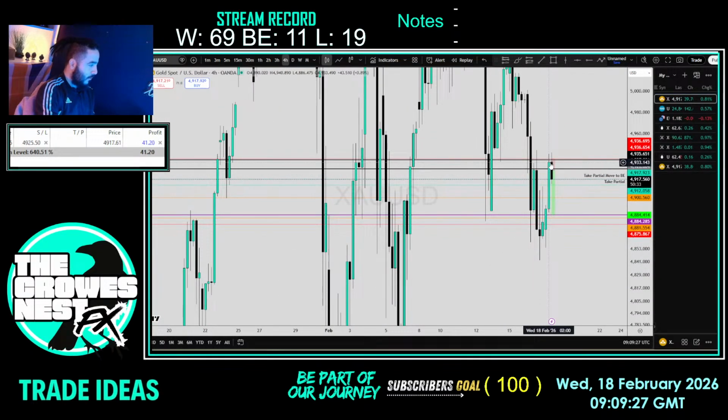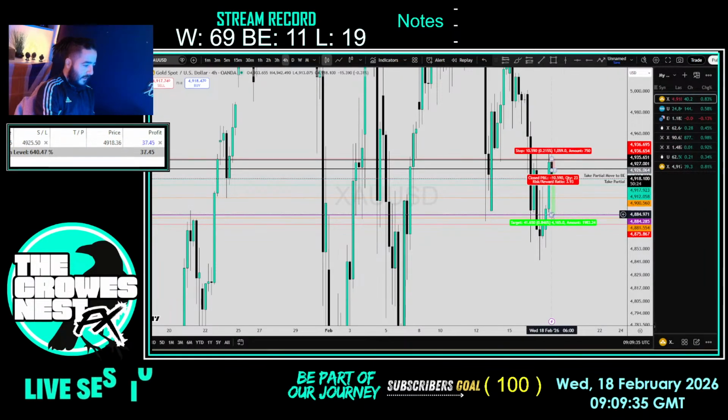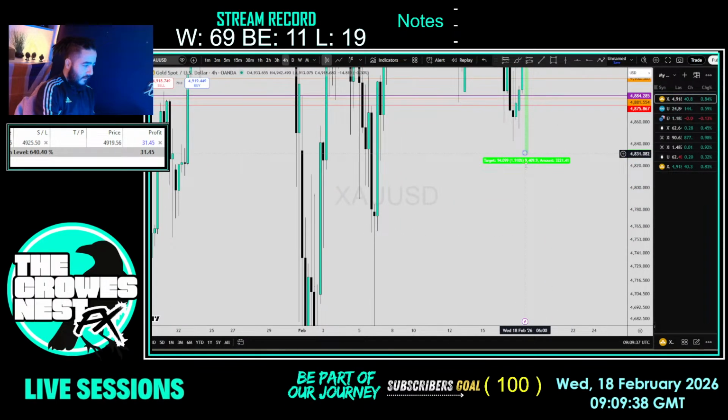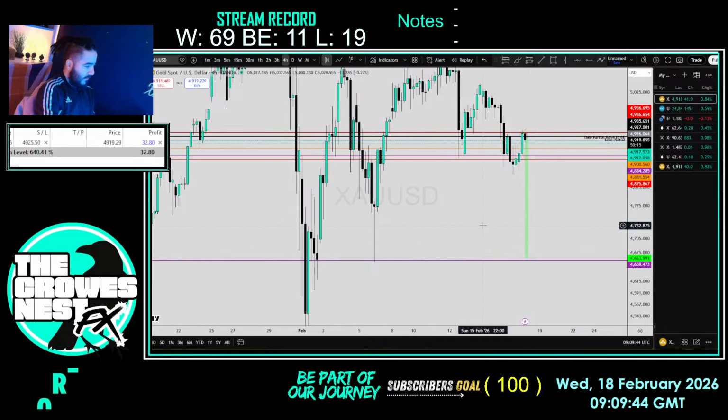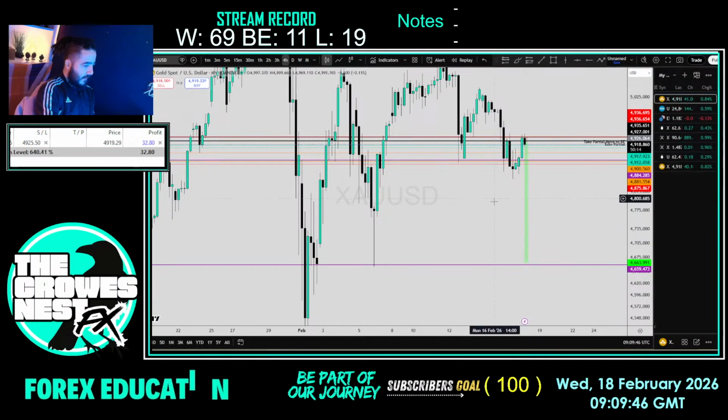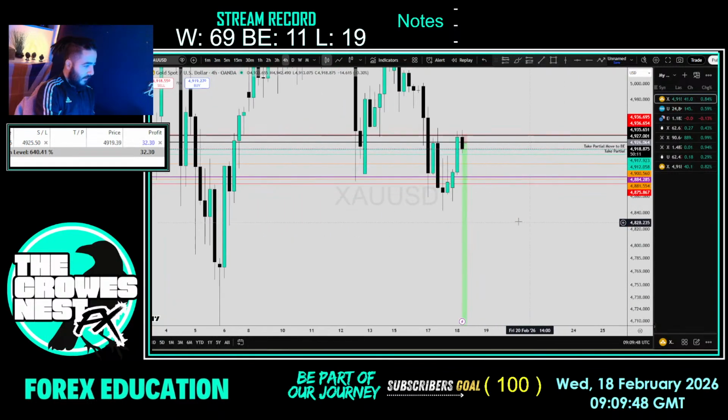Yeah, so the 4 had broke out to the upside. So if we can get a fake out back into this area, then yeah, I'd be looking at coming down to here. But the daily level, that's the daily zone down in there. Cracking trade if we can catch it.